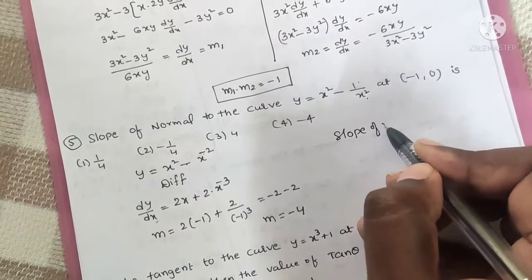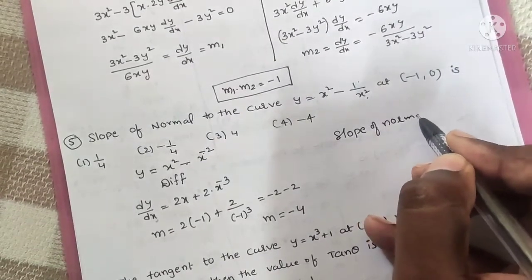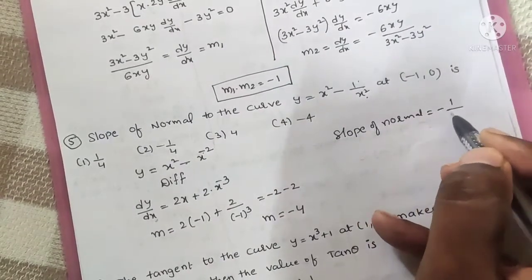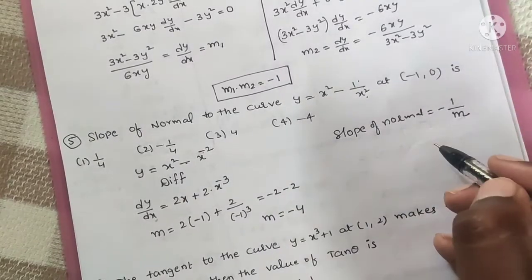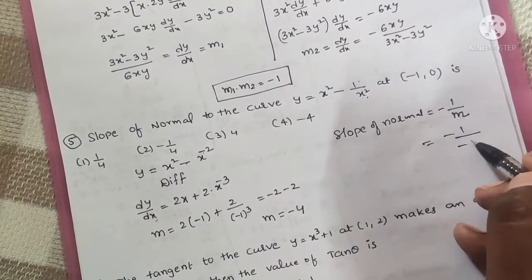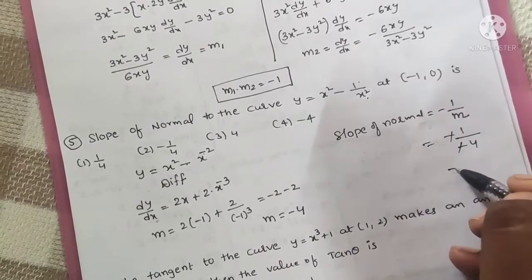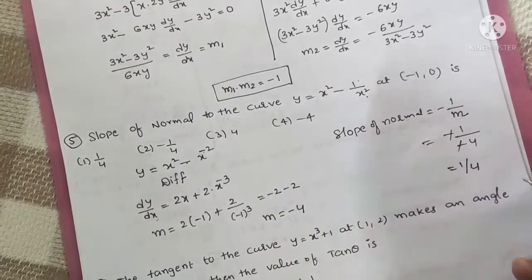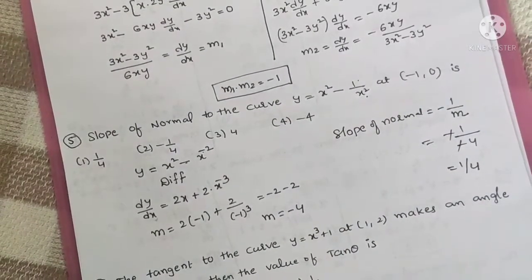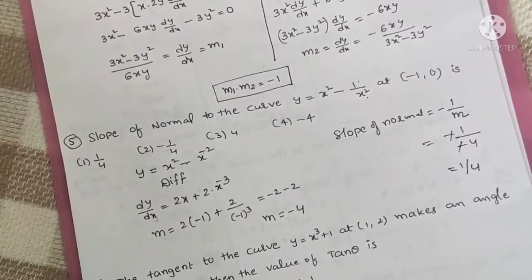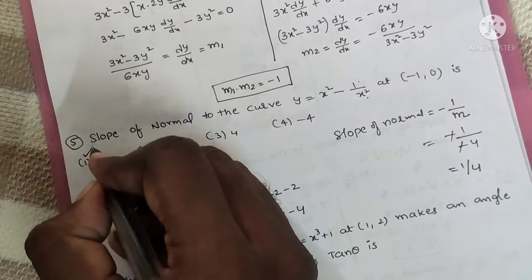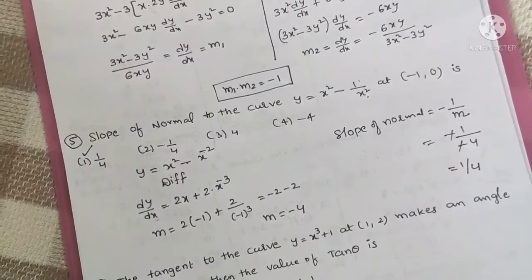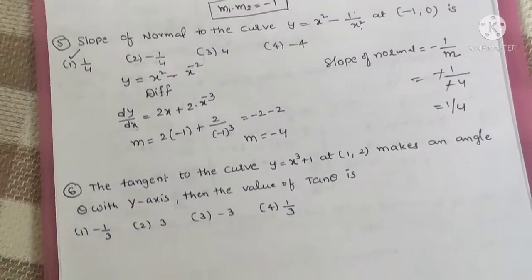Slope of normal formula is minus 1 by m. Then minus 1 by m value minus 4, minus minus cancel, then the answer will be equal to 1 by 4. That is the answer for this question. Okay. Now 1 by 4, that is nothing but option 1 is the correct answer for this question number 5.